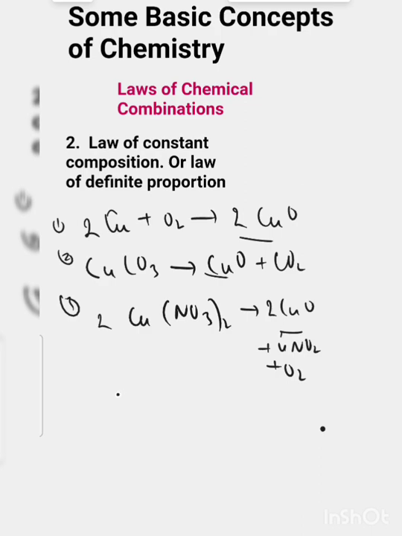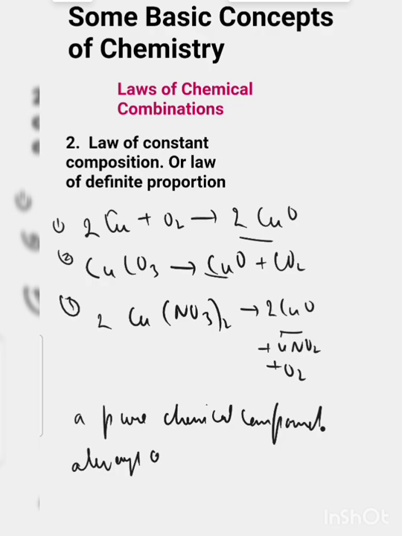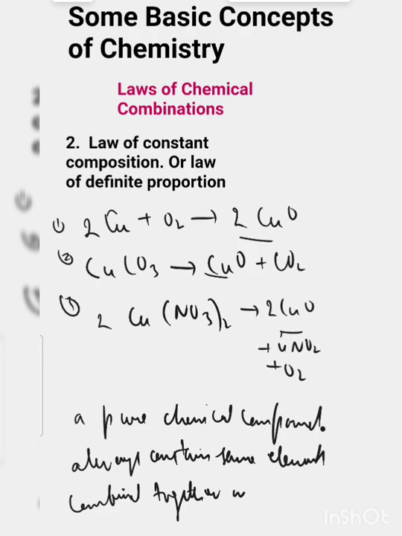So this law says that a pure chemical compound always contains the same elements combined together in a definite proportion by weight. Okay, so this is the law of constant composition or law of definite proportion.